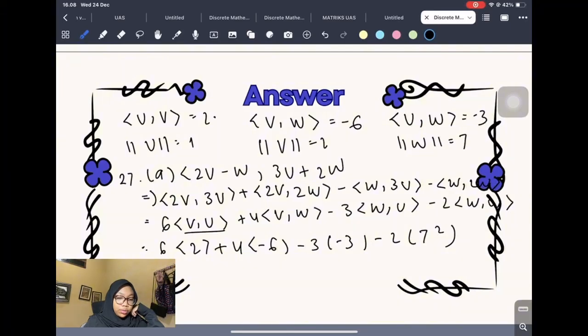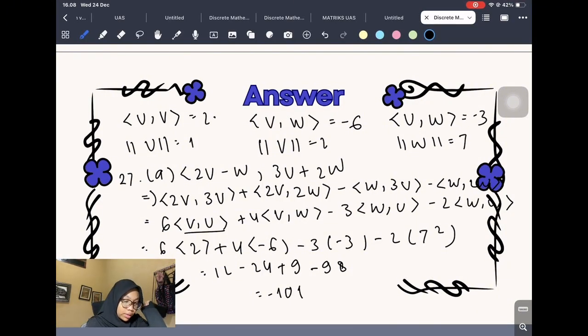So now we just calculate: 12 minus 24 plus 9 minus 49. The result is minus 52. So the final answer for question 27a is given by this result.